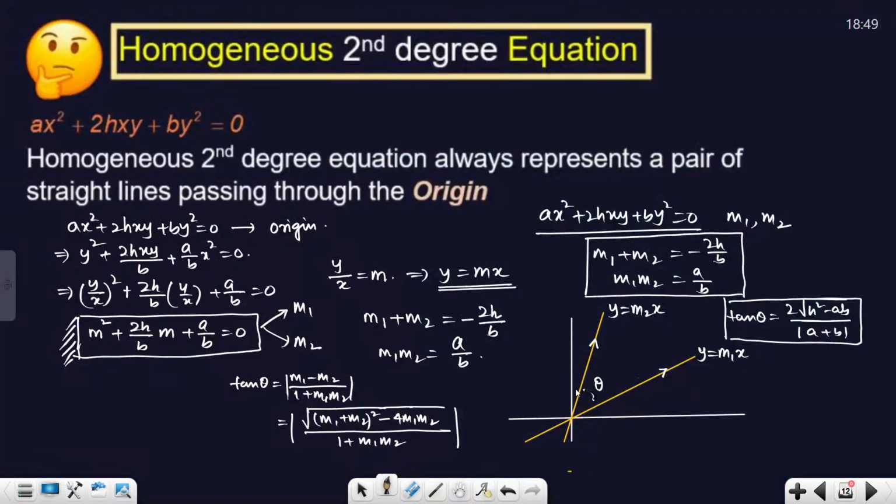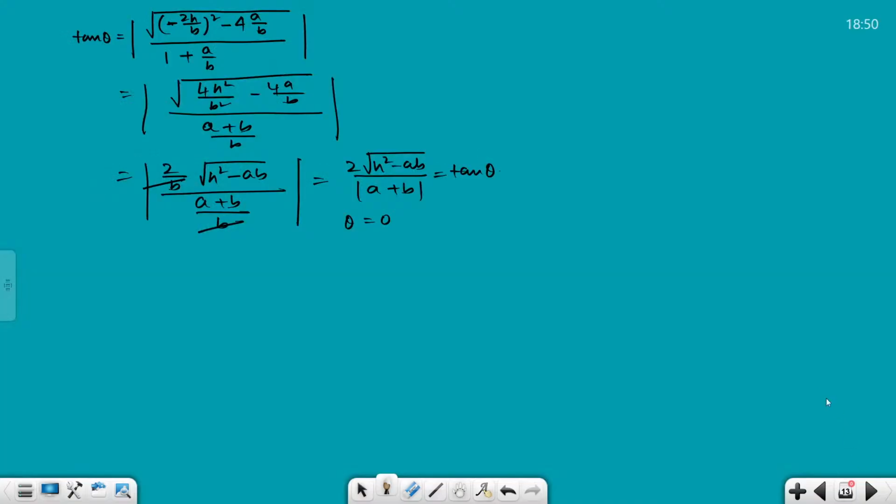If the angle between these two is 0, it means that this line will coincide with this line because there is no angle in between. So what is the condition that they will coincide? If theta is 0, your tan theta is coming to 0. And if your tan theta is coming to 0, this is coming to 0.